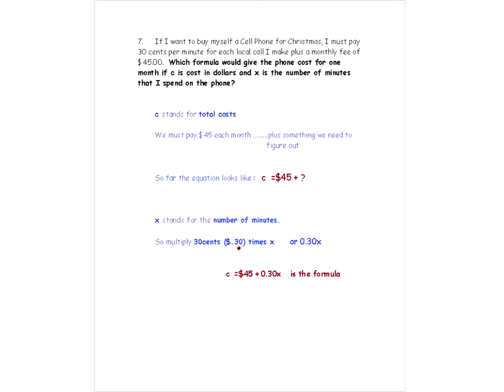So we're going to change that into 0.3. So 0.3 times X is the rest of the cost. So the first was the $45, and now the rest is going to be 0.3 times X. So the formula we use then is going to be $45 plus 0.3 times X. You've got this amount that's a fixed amount, and this is what's called a variable amount. So that's going to be our formula.